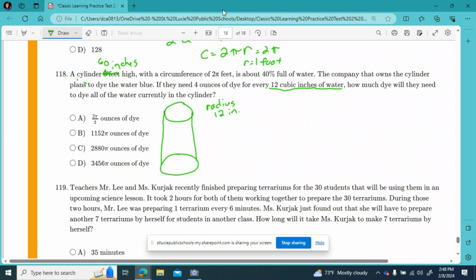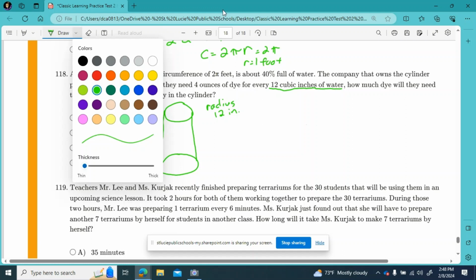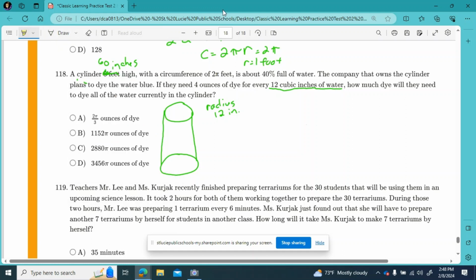cylinder is we're filling it with water. When you fill up something, you're seeing how much space it takes up. You are finding the volume, and we want it to be about 40% full of water, and they want to dye the water blue, and they're finding out how much dye they need.